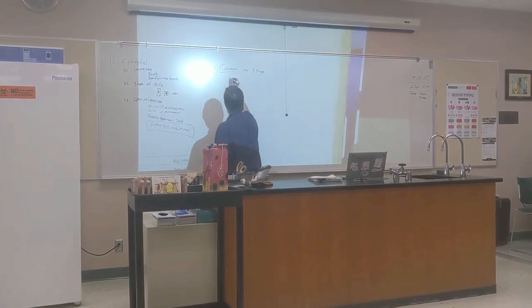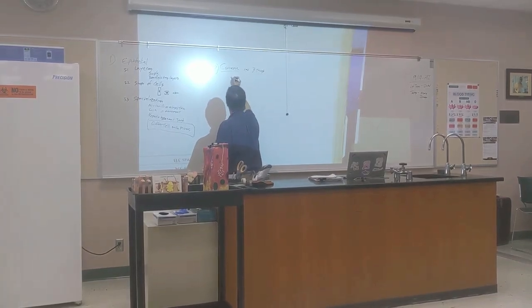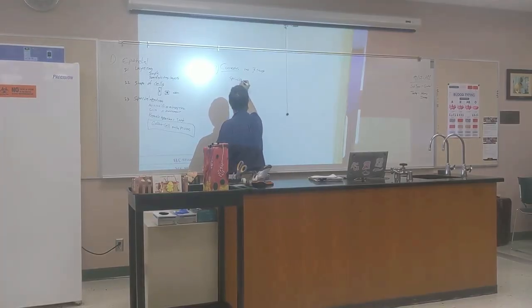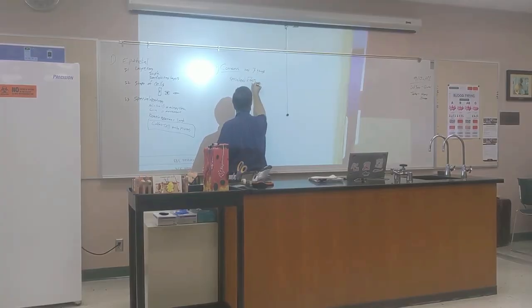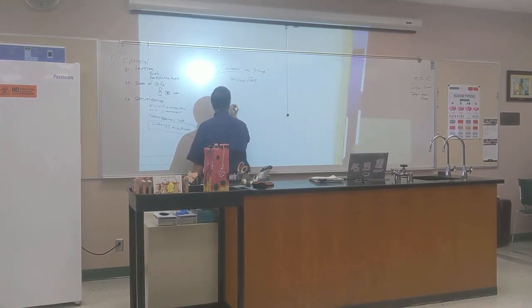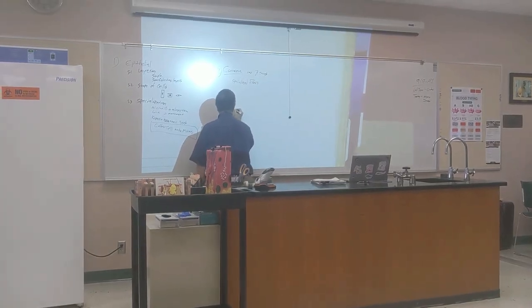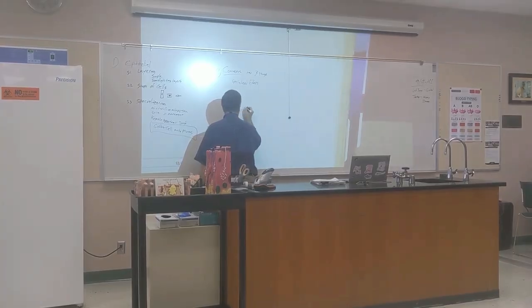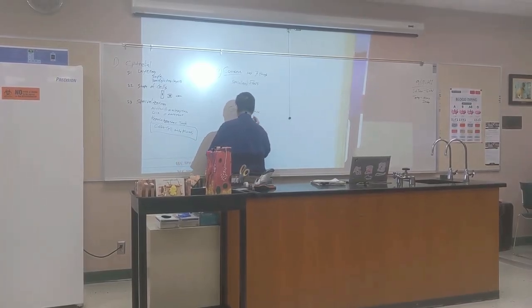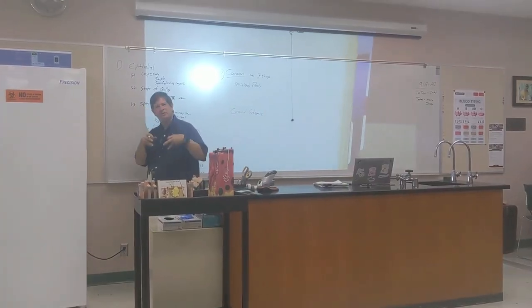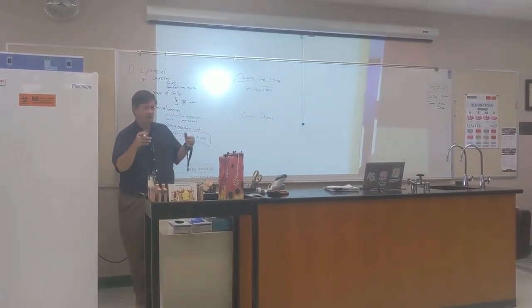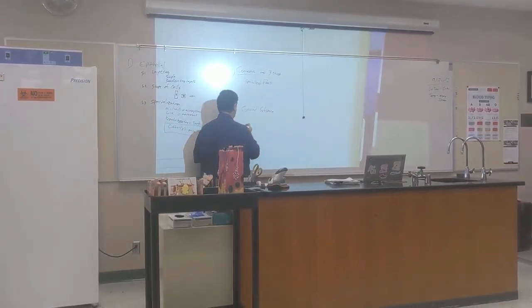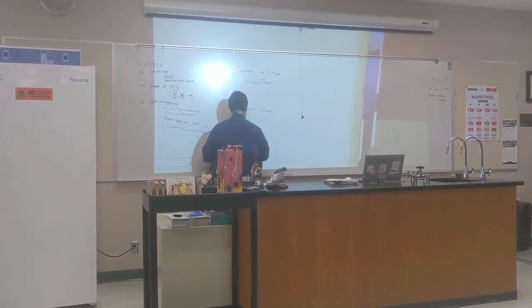So, all connective tissue has specialized fibers. All connective tissue has a ground substance. That's the stuff that is in between the fibers, in between the cells. Good, good. All right. And all connective tissue has specialized cells.